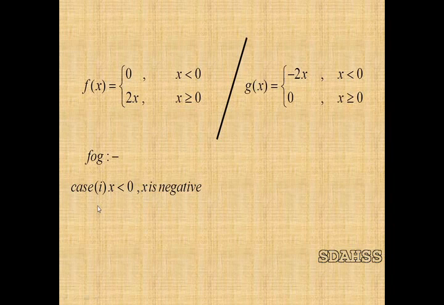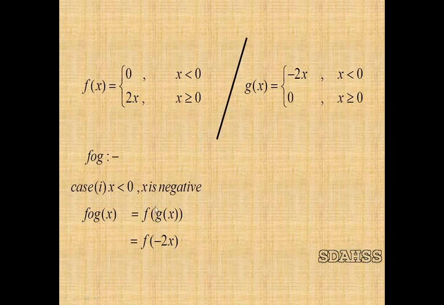First let us take the first case, x less than 0. x less than 0 means x is negative. Let us find f dot g of x. This can be written as f of g of x. In the place of g of x, you have to write minus 2x, since x is less than 0 and the function is minus 2x.